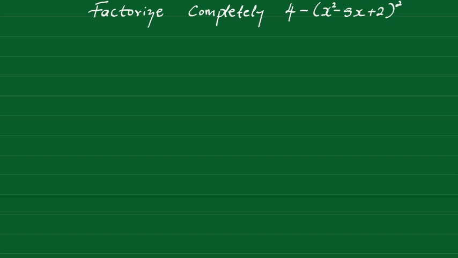Now, quickly we'll dive into this question by writing the solution. Next, we copy out our expression: 4 minus (x squared minus 5x plus 2) squared.